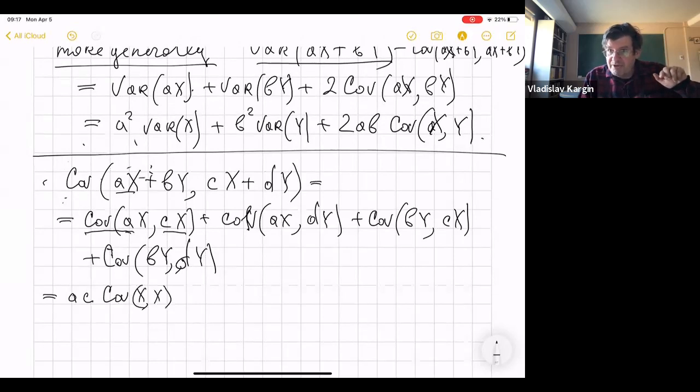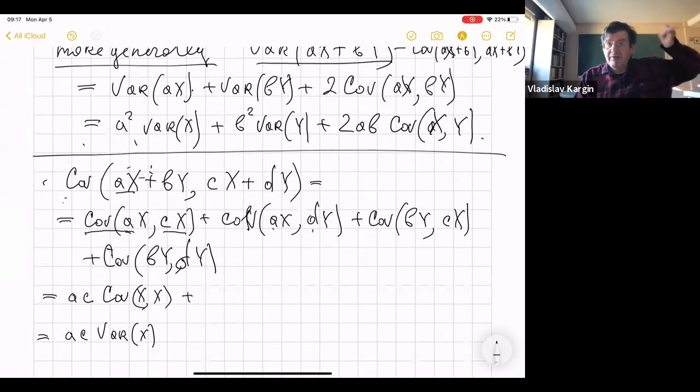But covariance of x and x is a variance of x, so let us immediately write what it will be in the next line: variance of x. Now the next one, this is a and d; you can take them outside. This is just a property of the covariance that if you multiply one of the arguments by a number, then this can be taken outside.